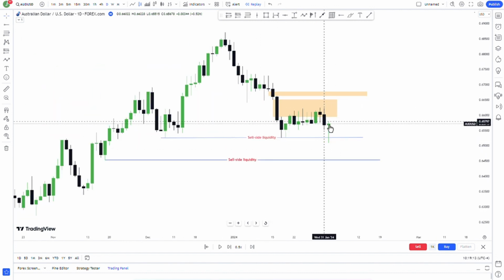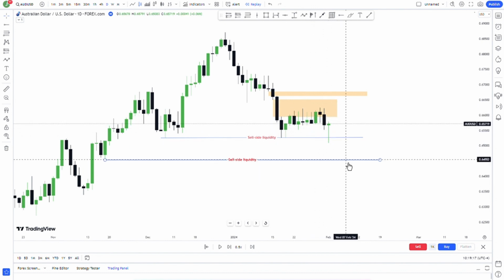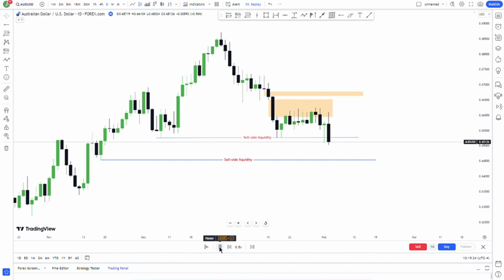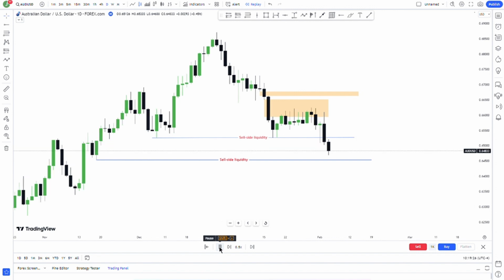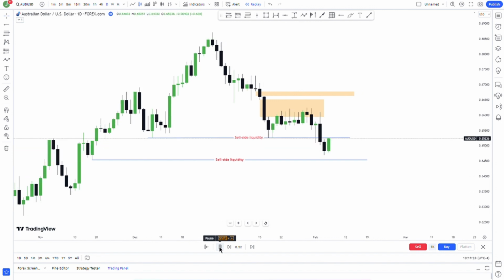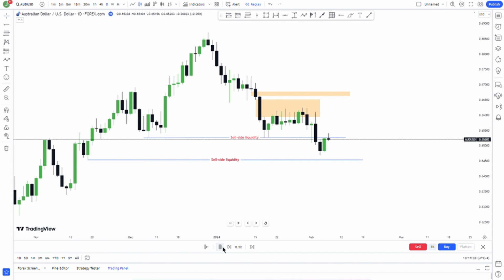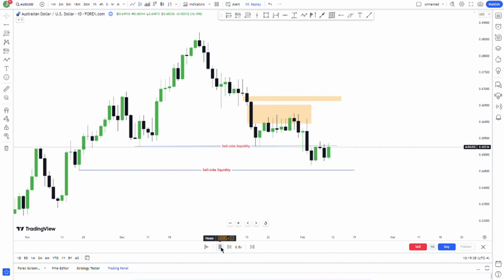And what we want to see now is whether or not it'll reject anywhere from here to sell into this sell-side liquidity. Let us see what happens. Our bias is still bearish.